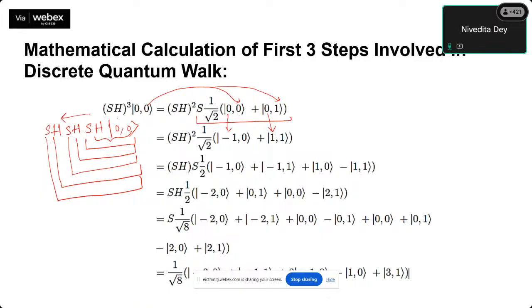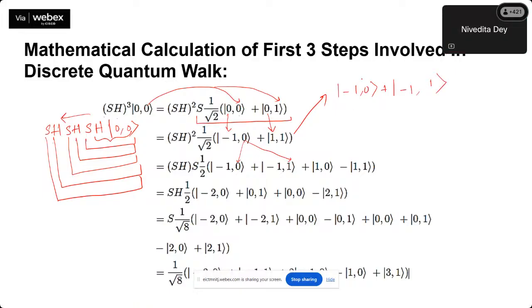Okay, let me now take this one. Now I have to do a Hadamard. Let me just write here itself. I'm just writing it, you just see it. So now this 0 will become 0 and 1 first. So it will be minus 1, 0 plus minus 1, 1.